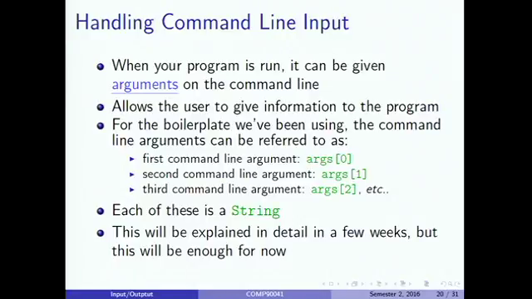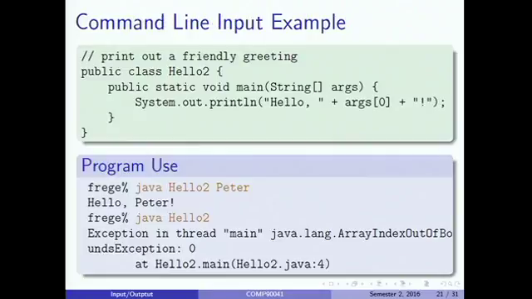We're going to explain what this notation means with the square brackets and the numbers later. But for now, you see the pattern, just follow the pattern. You can handle as many command line inputs as you want. And later we'll understand what that means, and you can do more stuff with it.